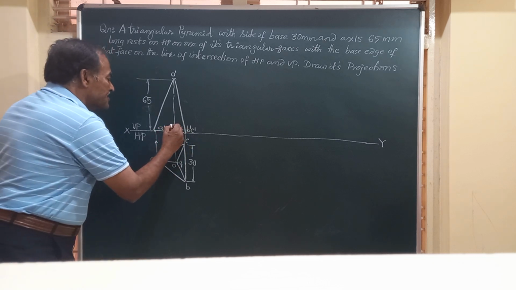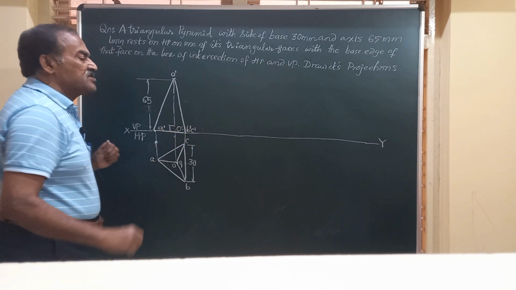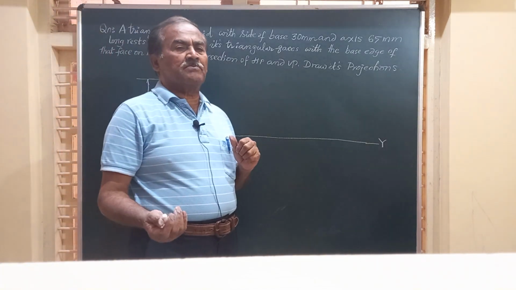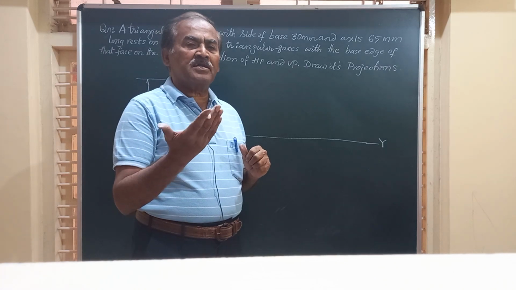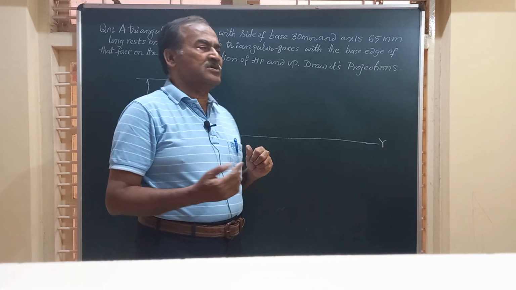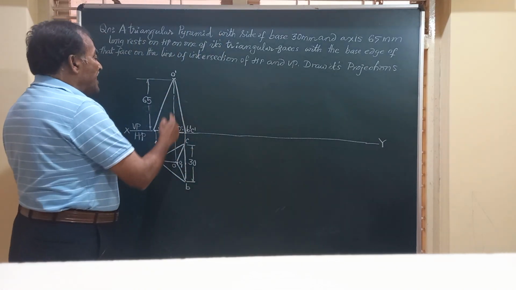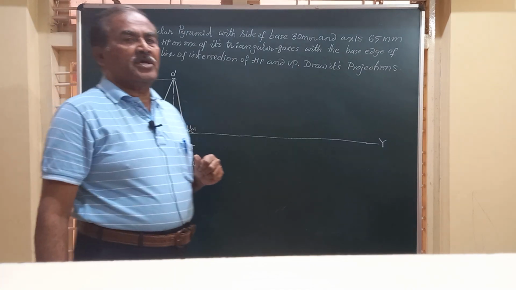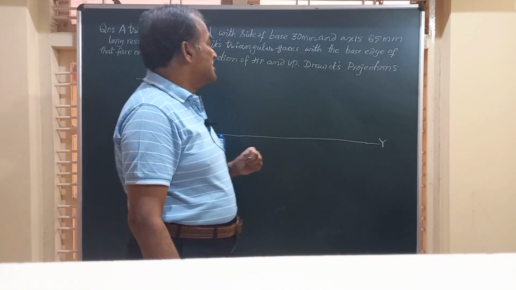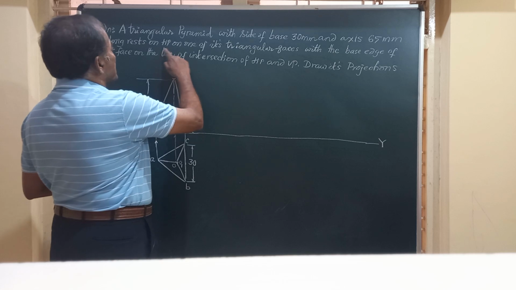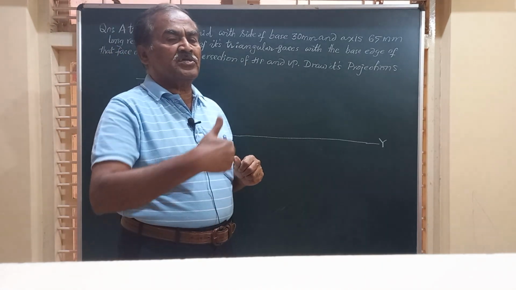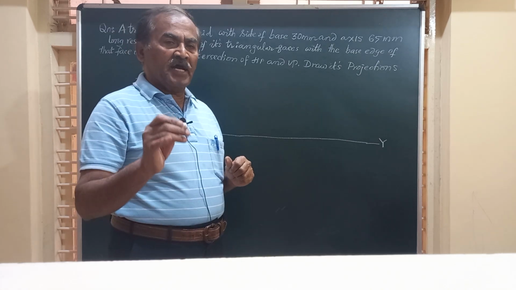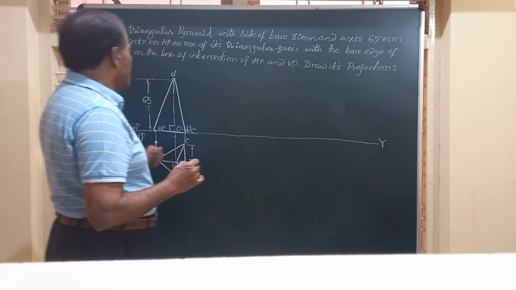And you observe, friends, whenever any of these solids, pyramid or prism, cone or cylinder, are placed on HP on their bottom surface, the axis is perpendicular to HP. Now, what does it say, friends? It has to rest on one of the triangular faces. So, before we tilt the object, we have to identify which is the triangular face.